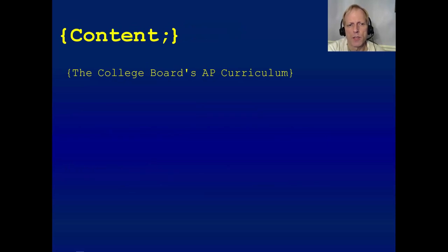The content of this course is pretty straightforward. It is the College Board's AP curriculum for AP Computer Science A, which can be looked up on the College Board's website. We pretty much are required to follow the curriculum exactly as it is.